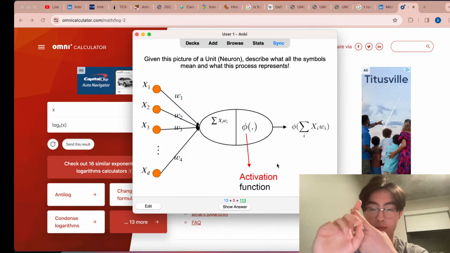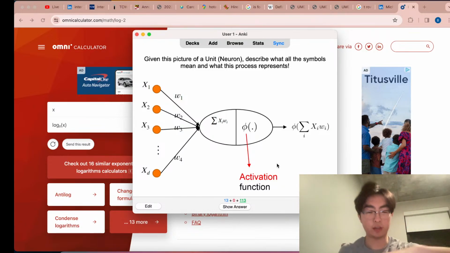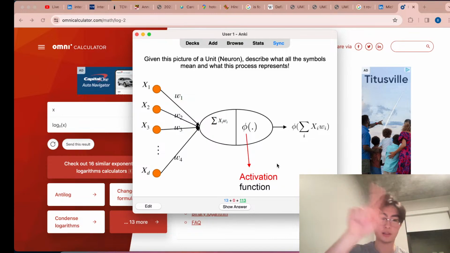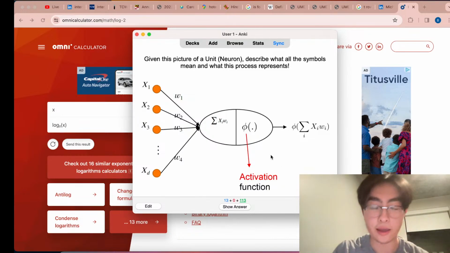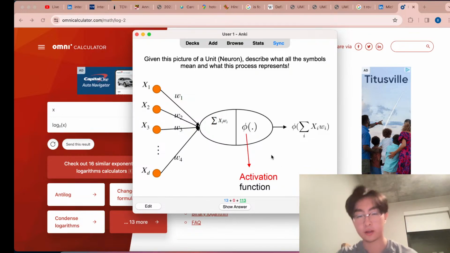So ReLU is a straight line, and then an angle up. ReLU is a straight line, but it curves up. Sigmoid is just an S-shaped function. And then once you input your value into this activation function, it's going to spit out another value. And that's what we have right here.